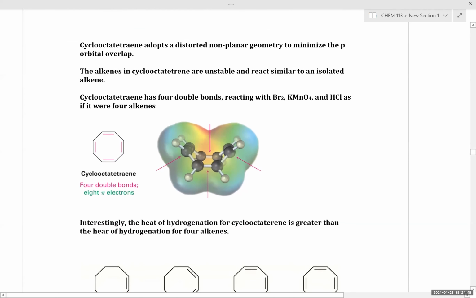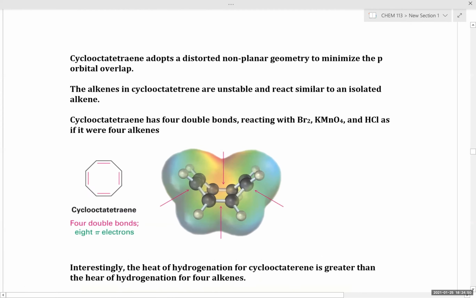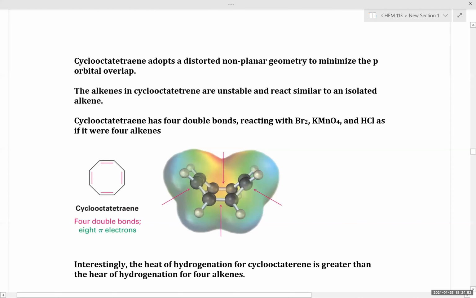So another example of an anti-aromatic system is cyclooctatetraene. Because it is anti-aromatic, rather than engaging in conjugation, it tries to minimize the amount of orbital conjugation by adopting a distorted non-planar geometry to minimize p orbital overlap.